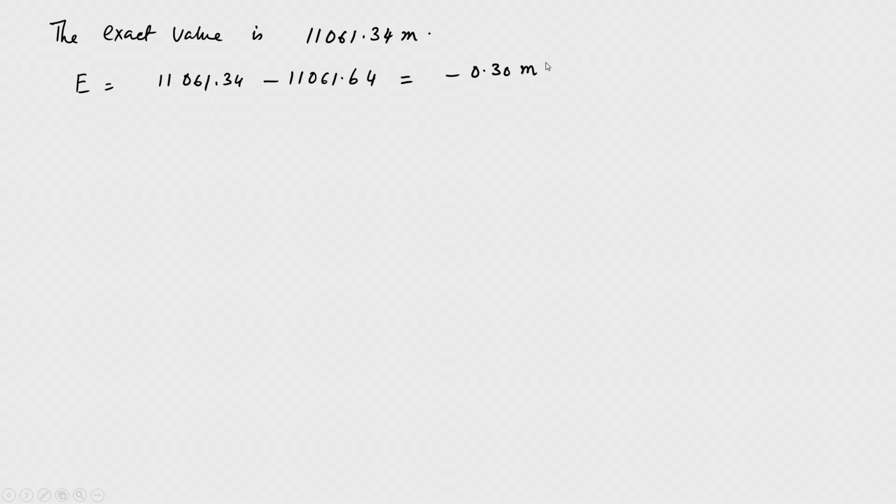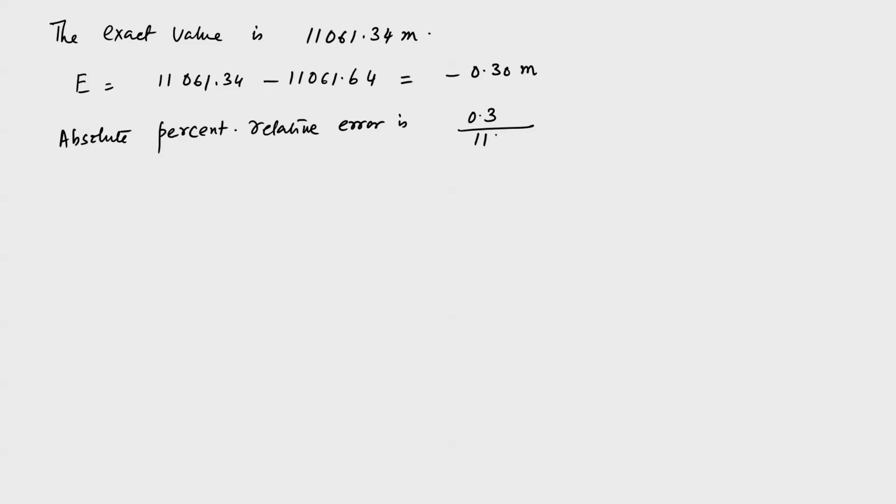Remember, this was about 4 meters, whereas this is less than a meter, less than even half a meter, it is 0.3 meters. So, the absolute percent relative error is this 0.3 divided by 11061.34 and multiplied by 100 in percent, and this becomes 0.002727%.